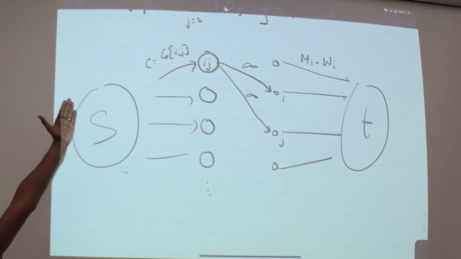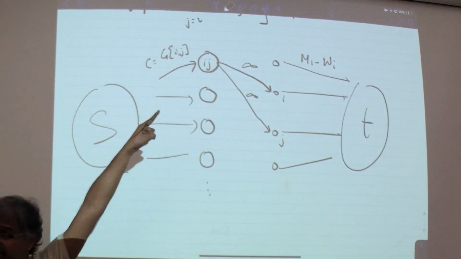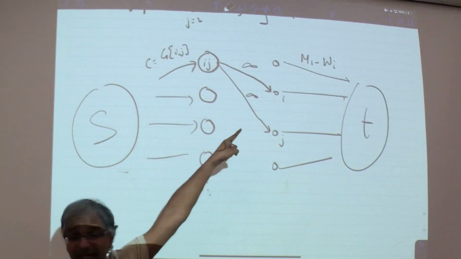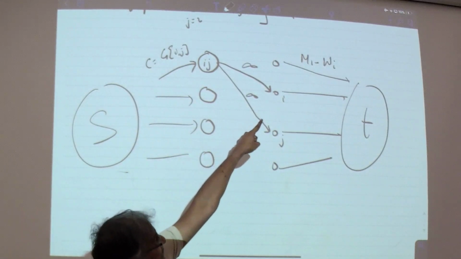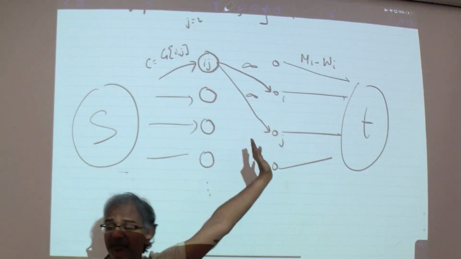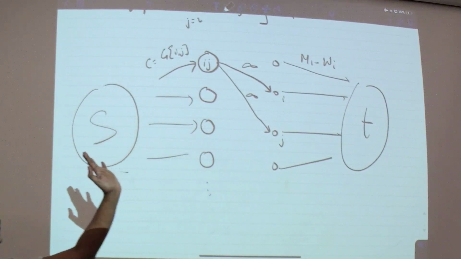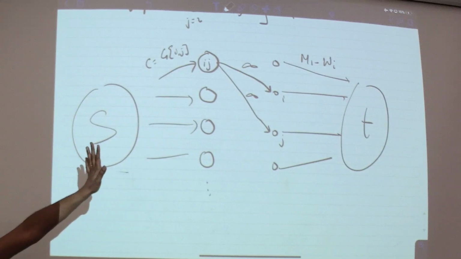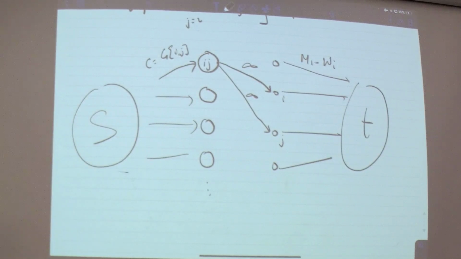All the games are played, all the wins are assigned, and we know that no team has more wins than my team. Therefore, because I've chosen M1 minus Wi, I've accounted for this. So if my team can win, there is a flow network here that satisfies the constraints, with all the edges being saturated. Suppose all the edges are saturated here.